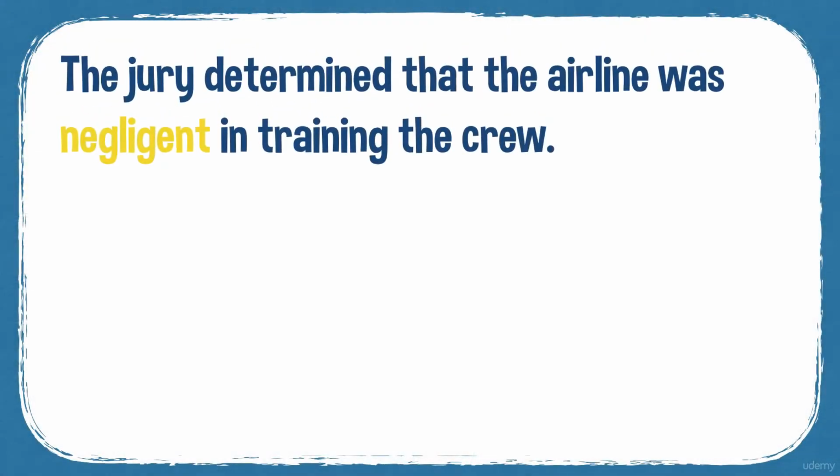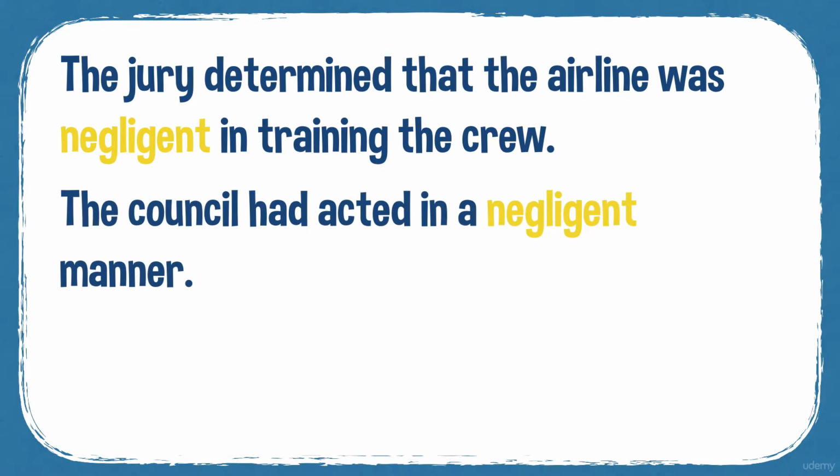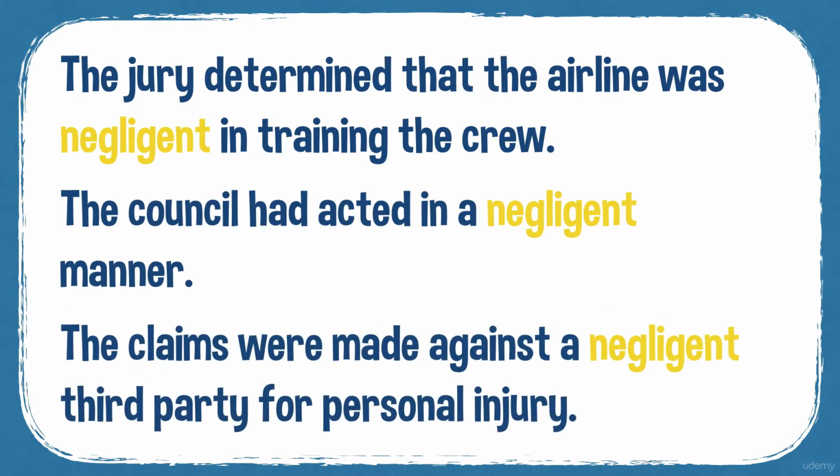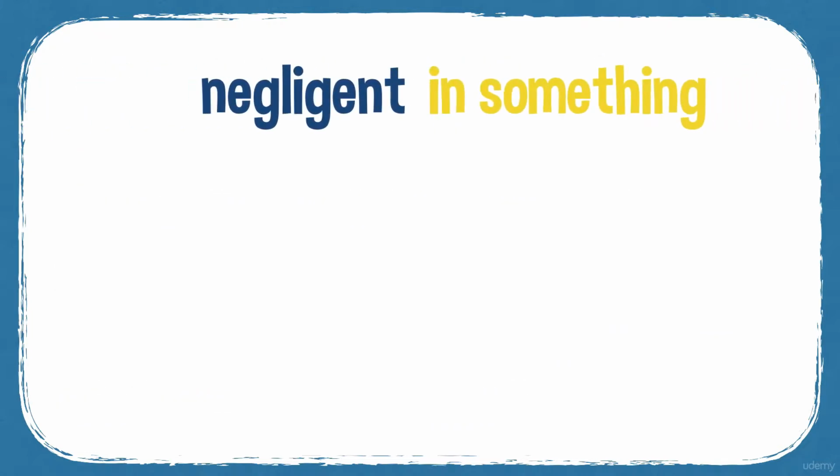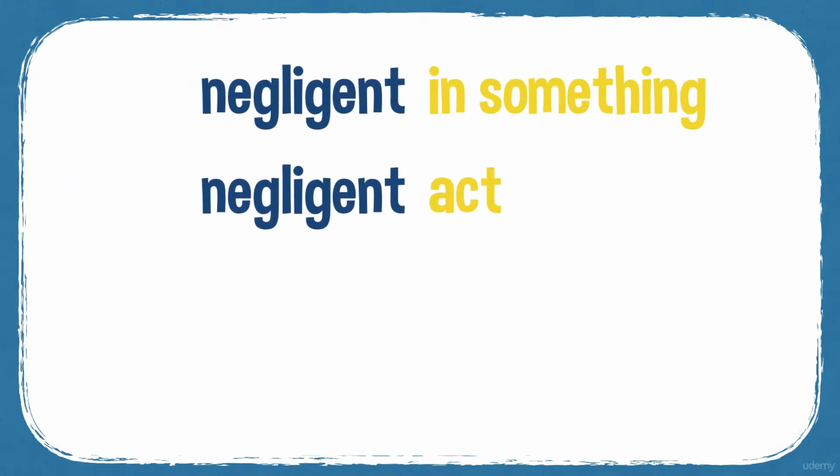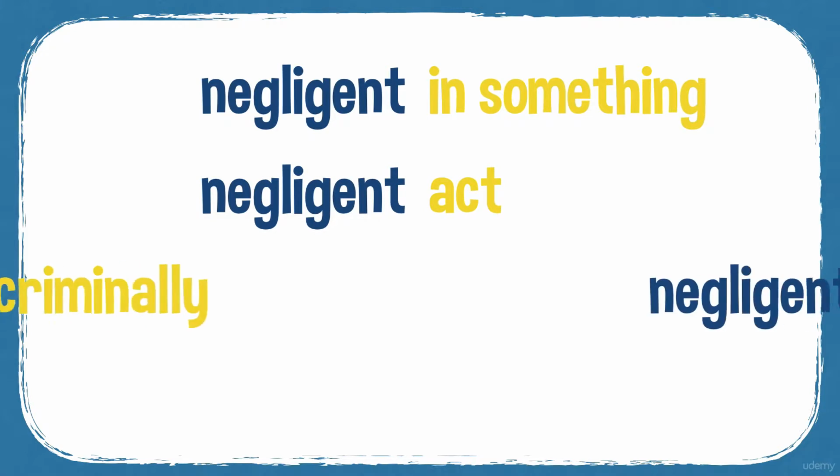Here are some more examples. The jury determined that the airline was negligent in training the crew. The council had acted in a negligent manner. The claims were made against a negligent third party for personal injury. So you can be negligent in something. You can commit a negligent act.